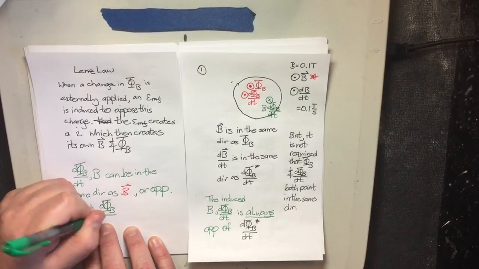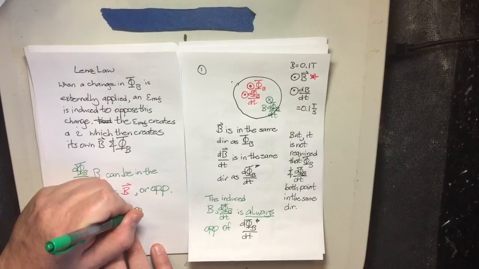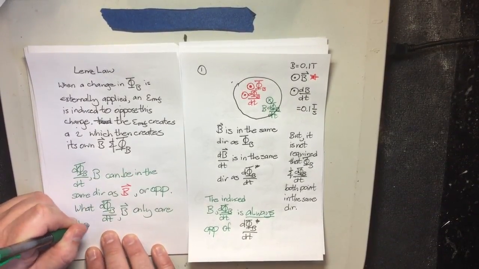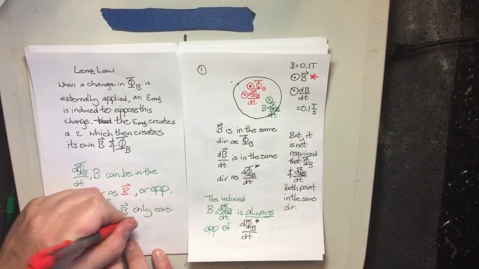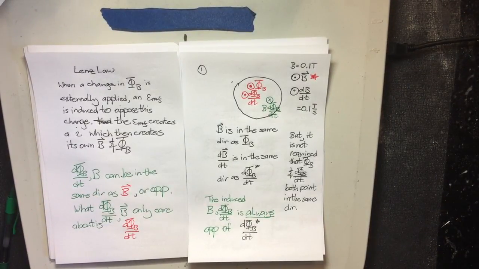What d phi B/dt and that induced B field only care about is the d phi B/dt. The induced magnetic field only cares about the change in flux with respect to time. Does it care about the external B field? No. It only cares about the change.